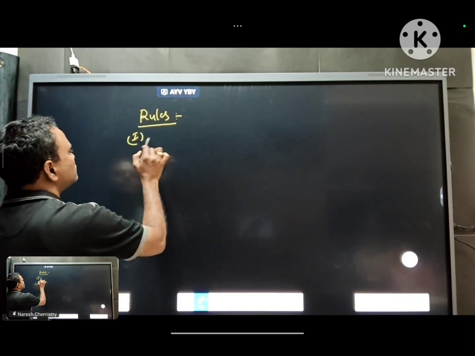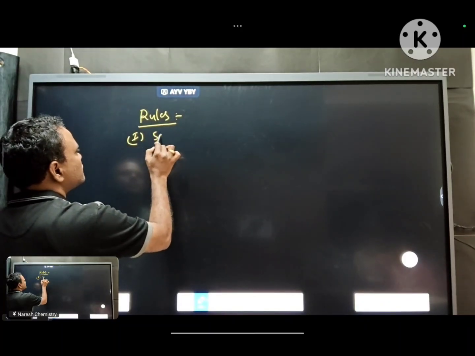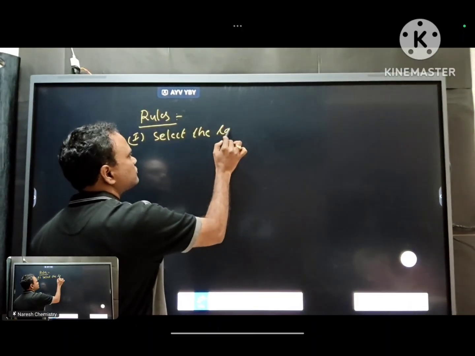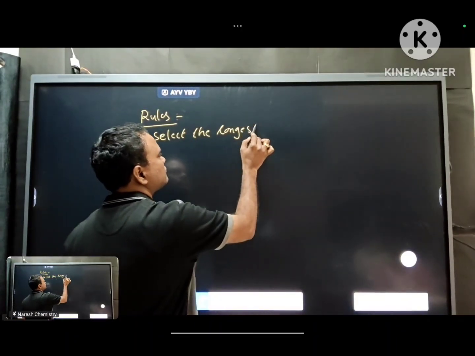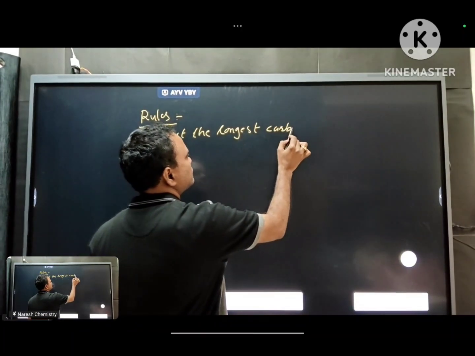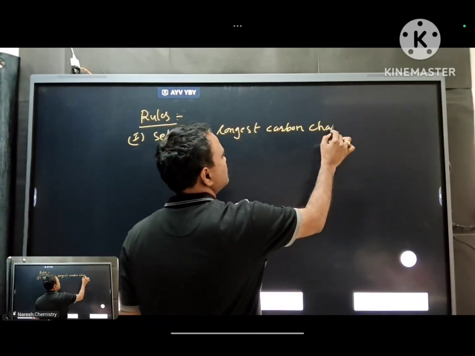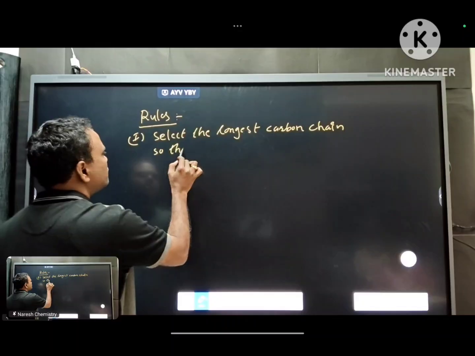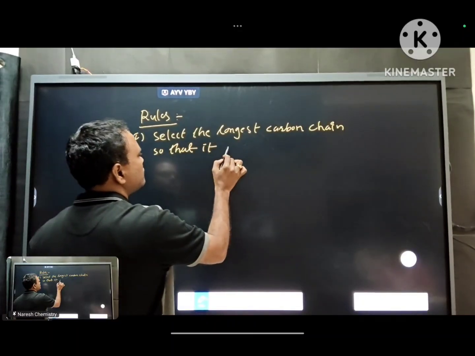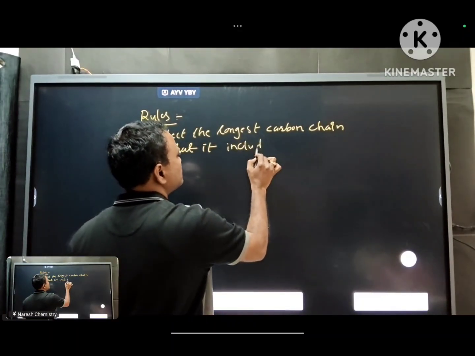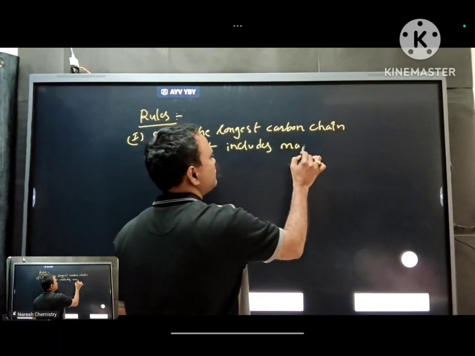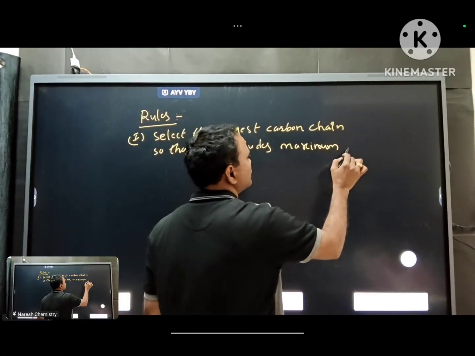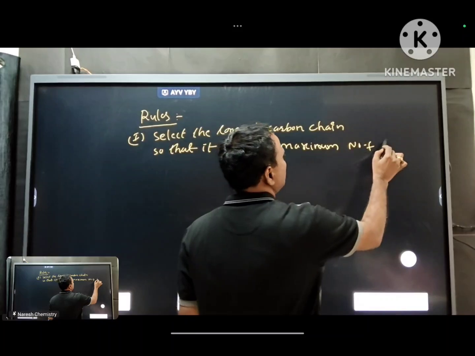First rule, selection of the longest carbon chain. Select the longest carbon chain so that it includes the maximum number of carbons.